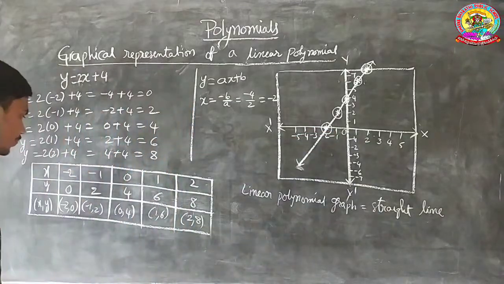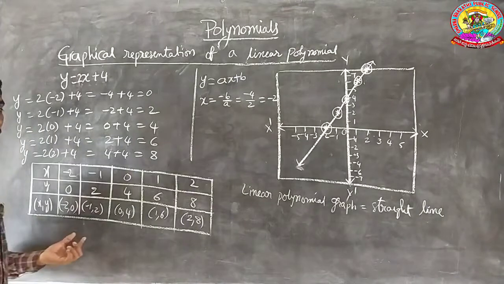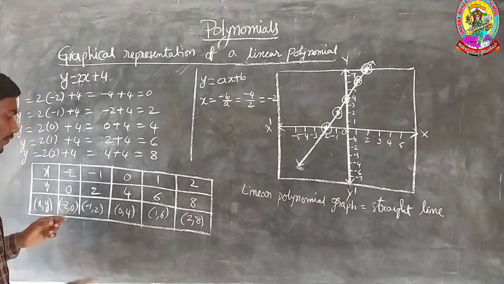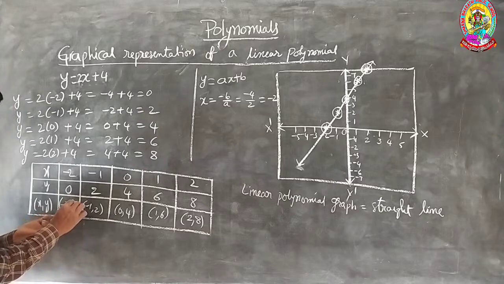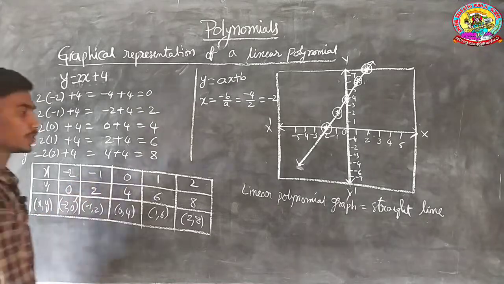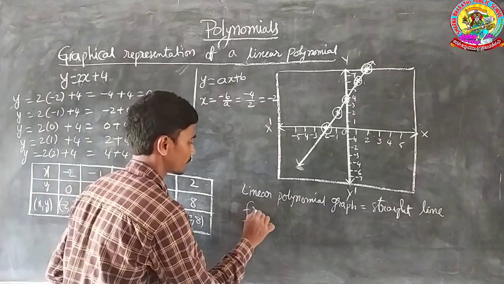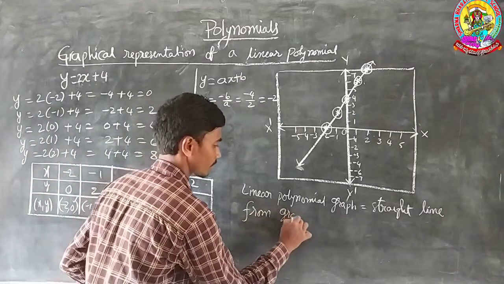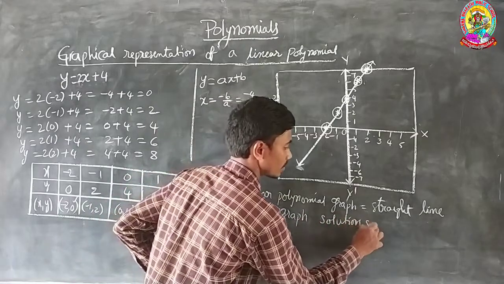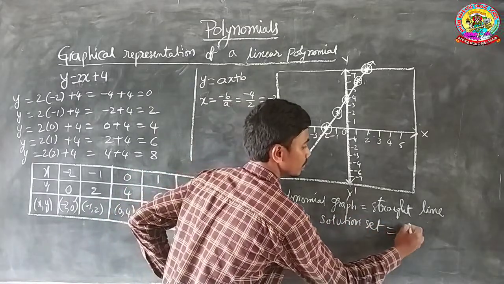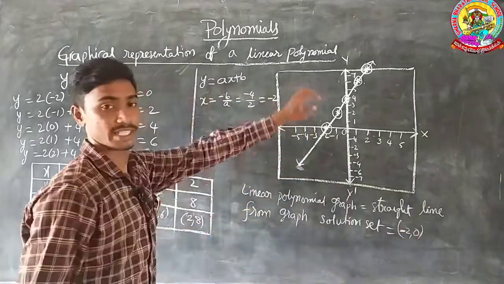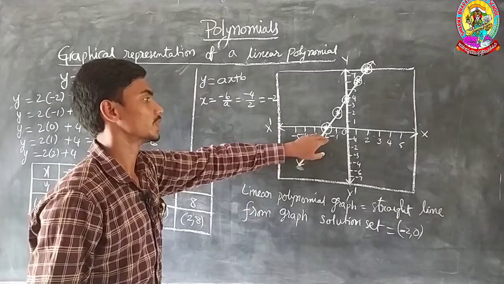Here observe, the point which lies on the x axis must have y coordinate 0, that is, minus 2 is the solution. From the graph, the solution set is minus 2 comma 0, and the x coordinate gives the solution.